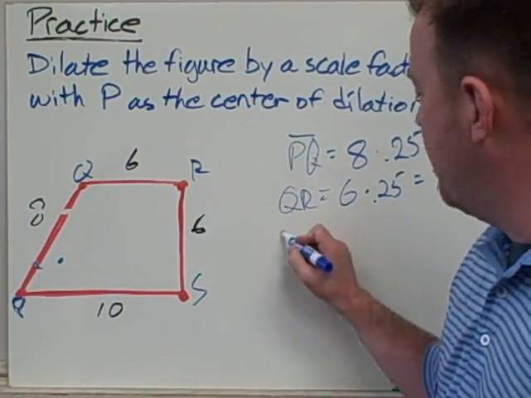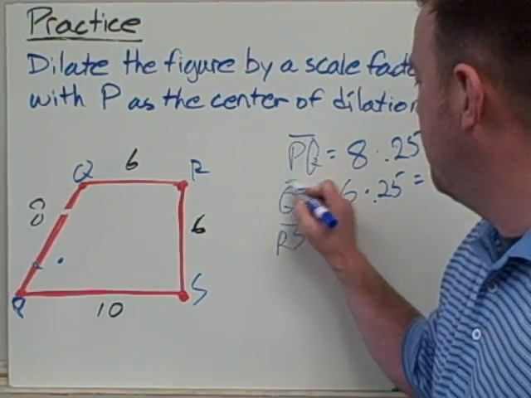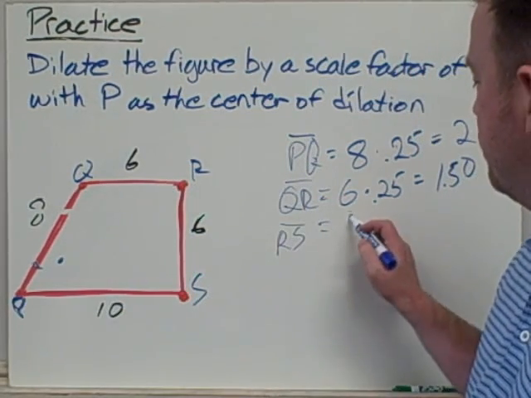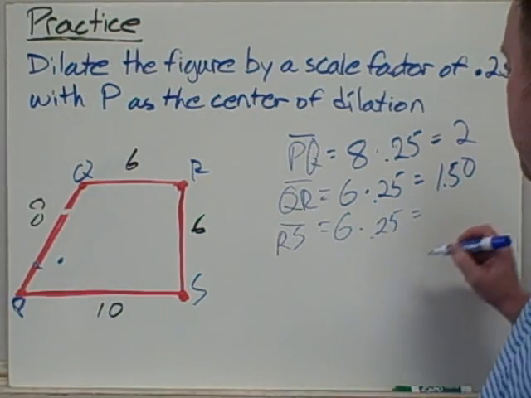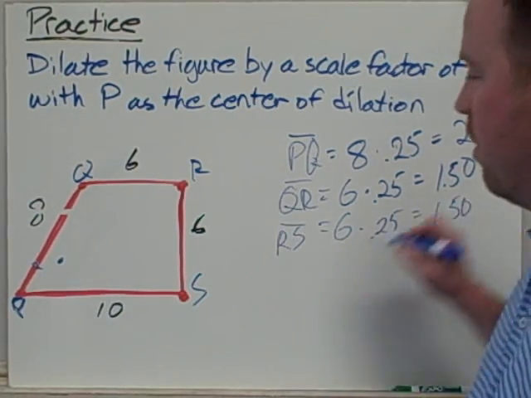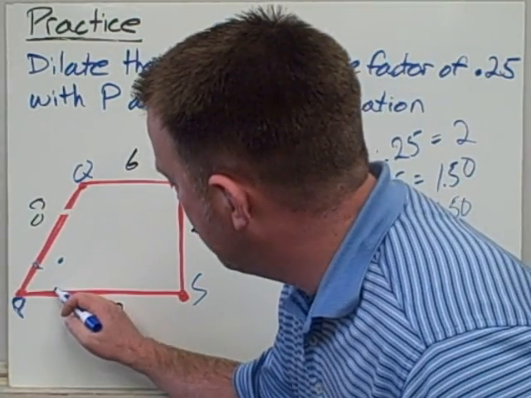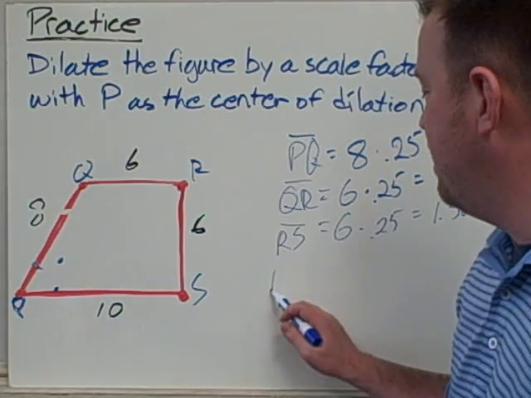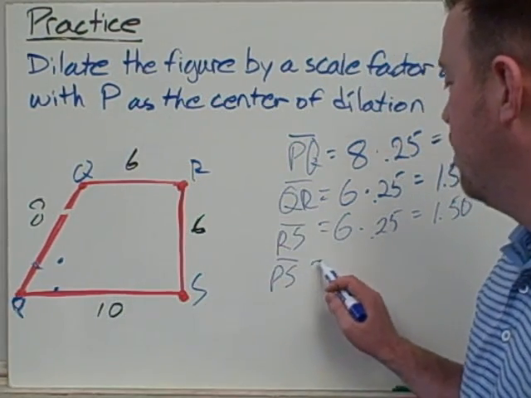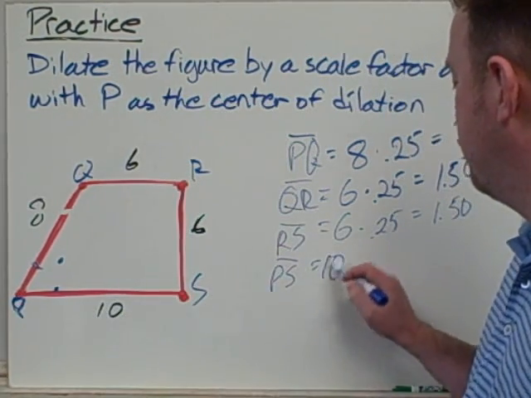Same thing with RS. If RS is equal to 6, multiply that times 0.25, and we get 1.5 as well. It's going to come straight down here. And then this last one, the original PS, was 10 units.